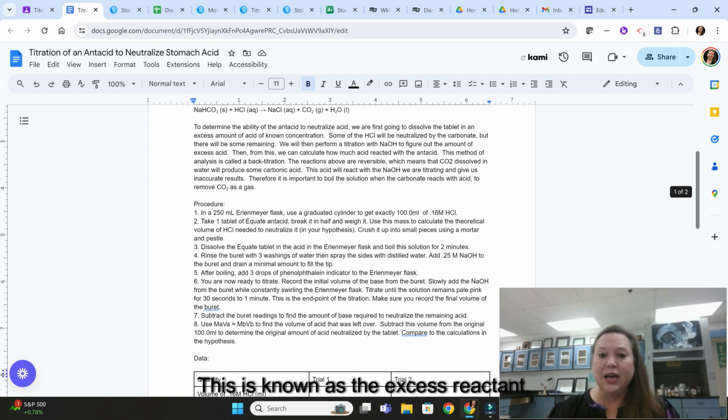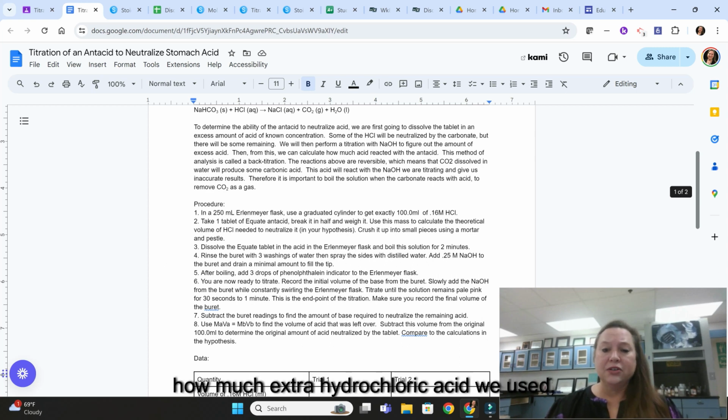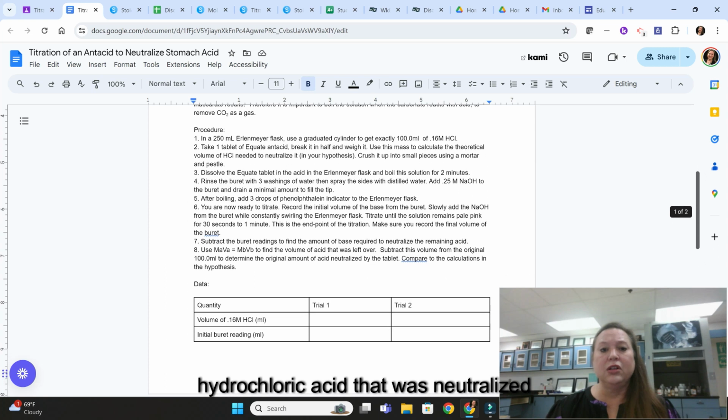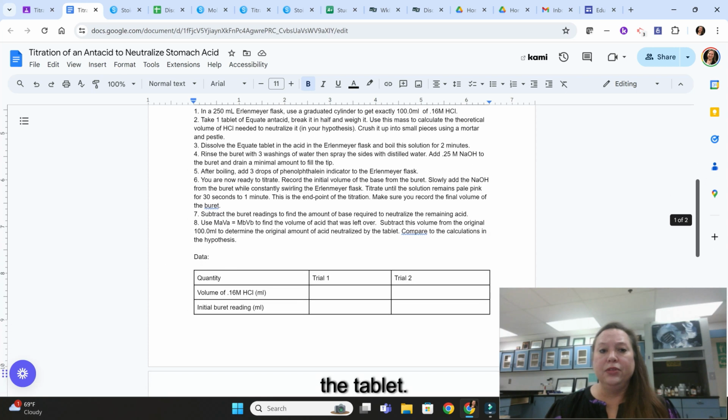This is known as the excess reactant, and if we can figure out how much extra hydrochloric acid we used, then we can work backwards, subtract that from the original 100 milliliters that we poured in, and determine the amount of hydrochloric acid that was neutralized by the tablet.